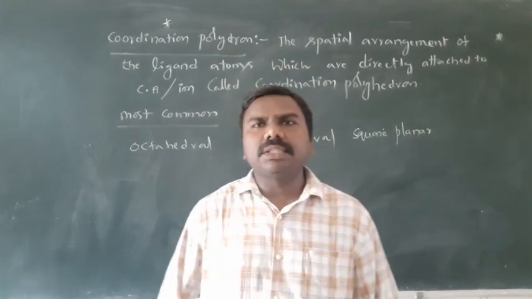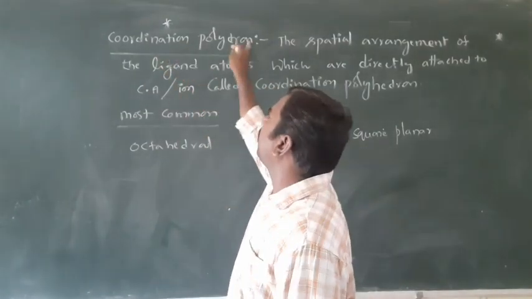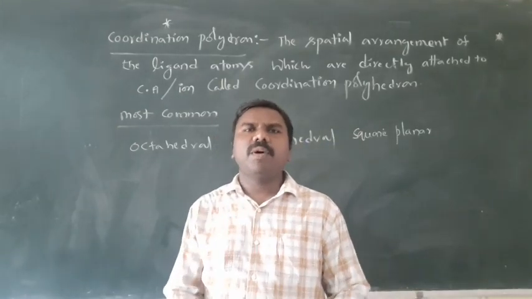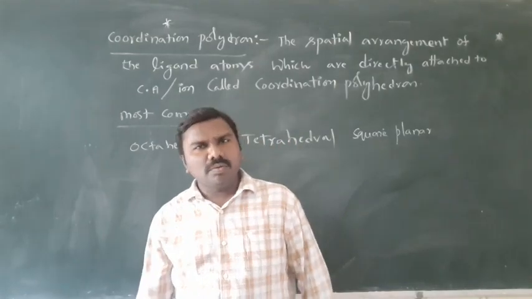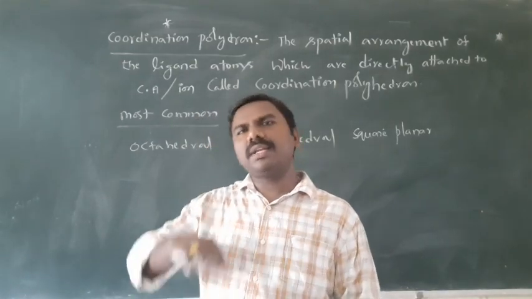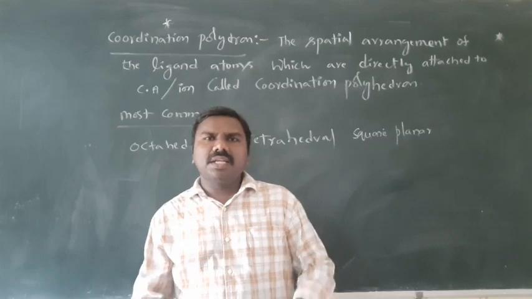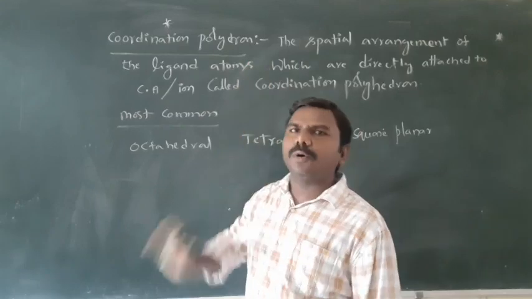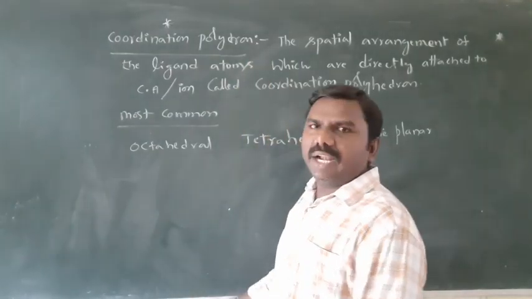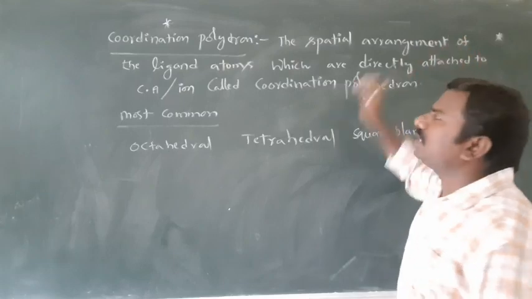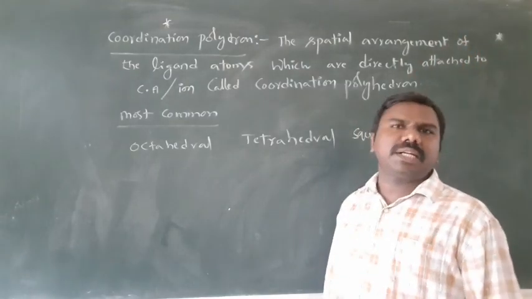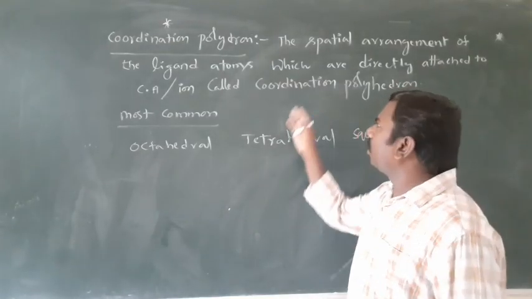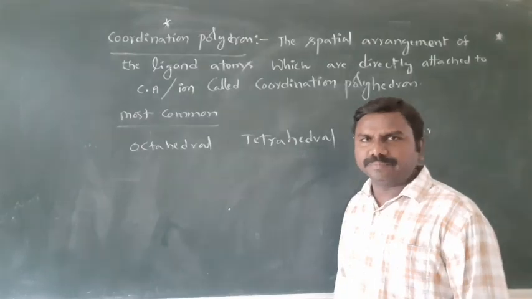Okay, the next term is coordination polyhedron. It is nothing but the shape of a complex compound: how the ligands are arranged around the central metal atom and what type of shape that gives. This is called the coordination polyhedron. It is defined as the spatial arrangement of the ligands directly connected around the central metal atom or ion, given by the coordination number.